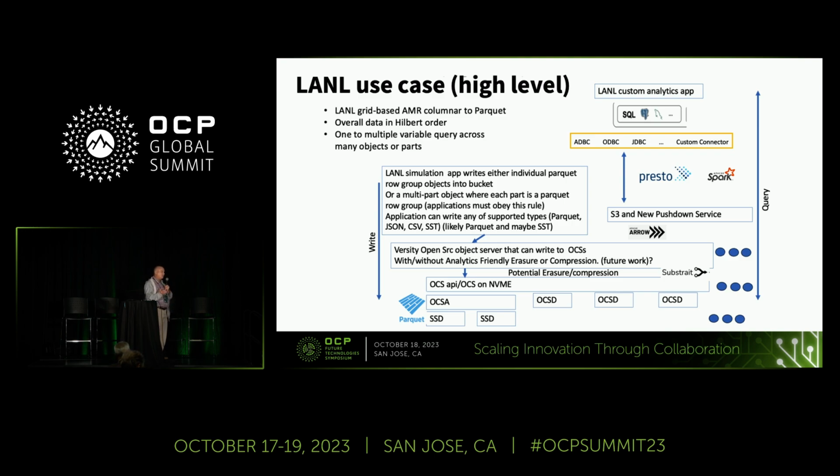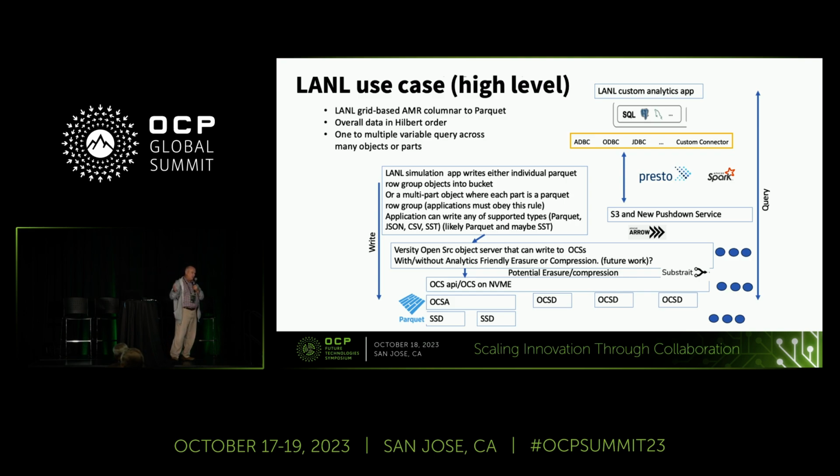Because we need to pass what's an analytic friendly chunk all the way down to the storage device, so the storage device understands this is a chunk that's analytics friendly. There's a whole row group in here. We'll call that an object. So we sort of are coining the term object computational storage. And so we'll write these objects out from our application.